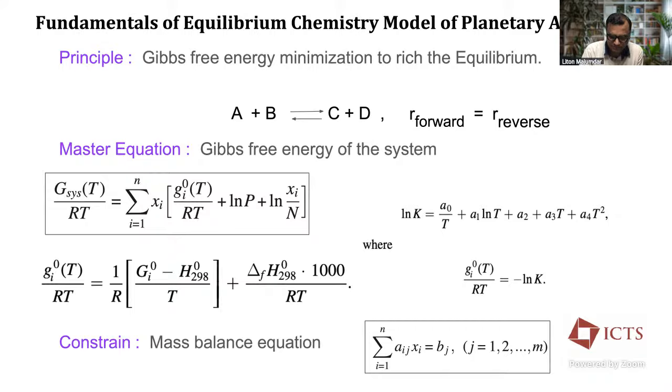Does that answer your question? Yeah, I'm just trying to understand; maybe I missed something. How is it that, for example, if I have A and B, the presence of A should matter to B for the equilibrium on formation of C and D, right?